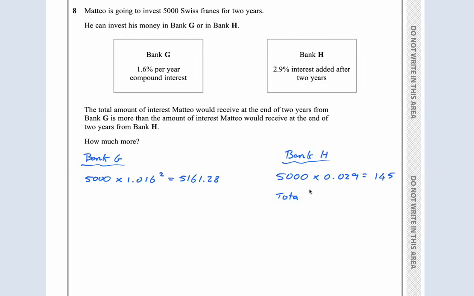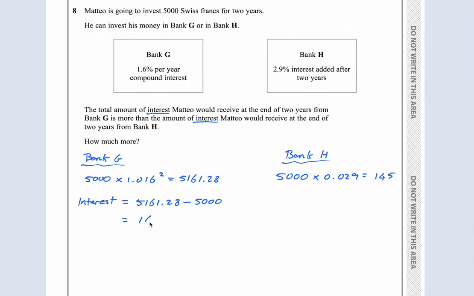Sorry, so this is the interest. So I actually don't want the total, because the question says the amount of interest is more than the amount of interest. So his interest is 145. This guy's interest is how much extra you make. So the interest is 5161.28 minus the 5,000, just to see how much he made.